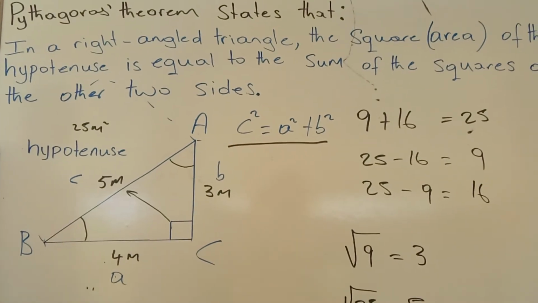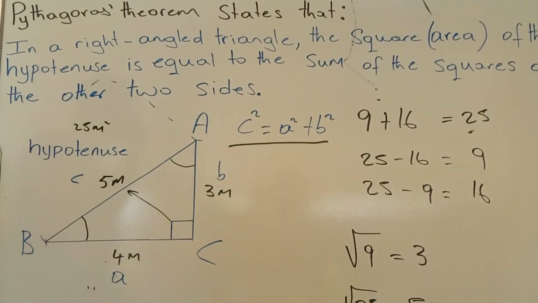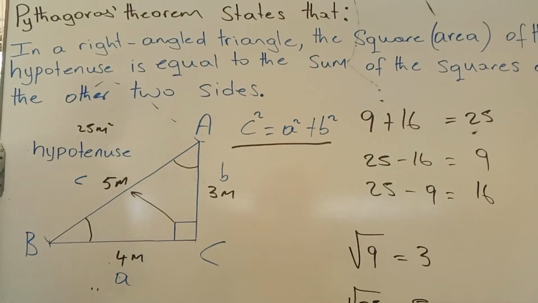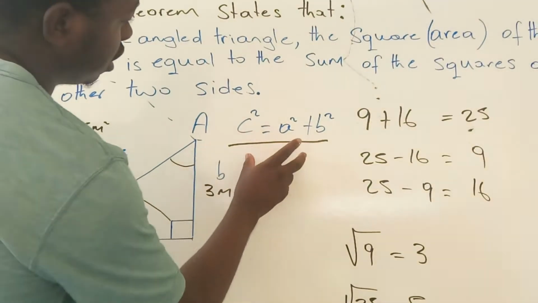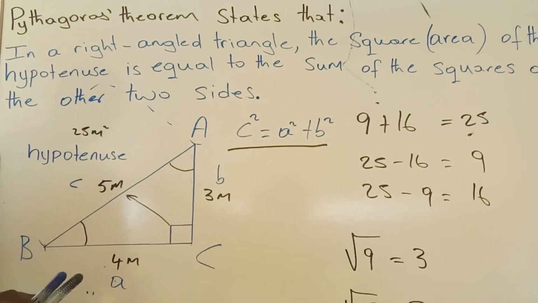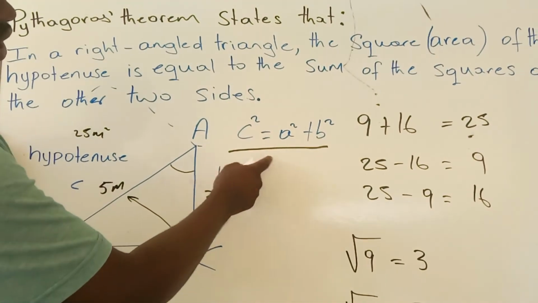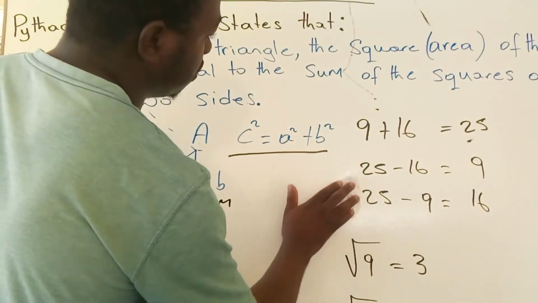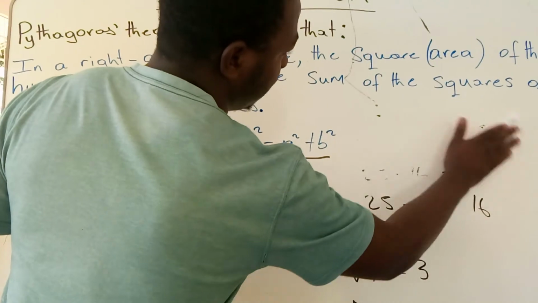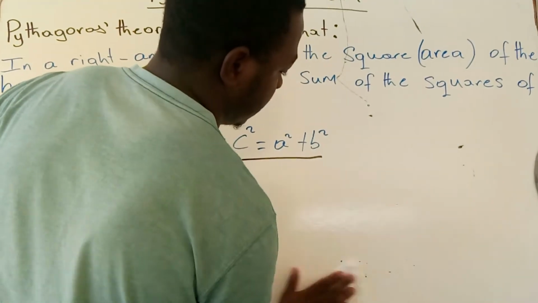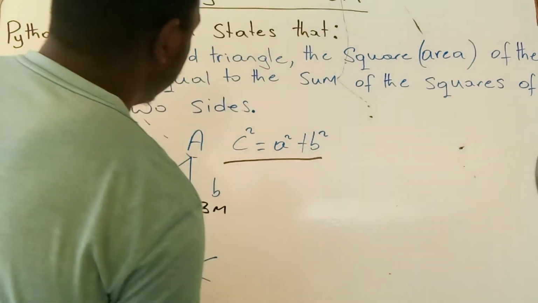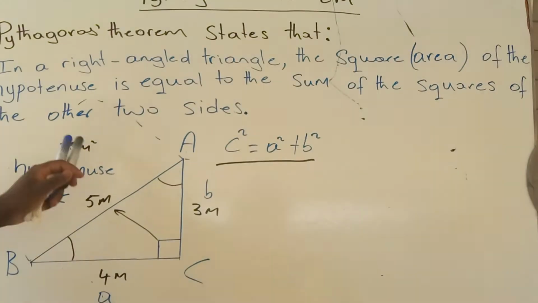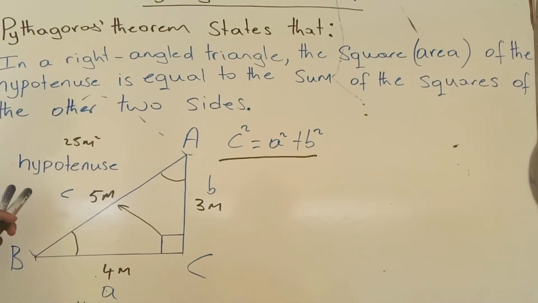Alright? Now that we know what the Pythagorean theorem looks like using strictly letters, we can further investigate each of these letters to see if we can transpose it and see whatever relationship we can get out of it. Now we know that in this form, C squared represents where the hypotenuse is, right?